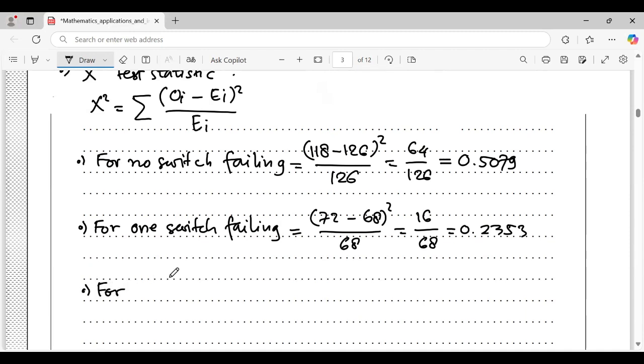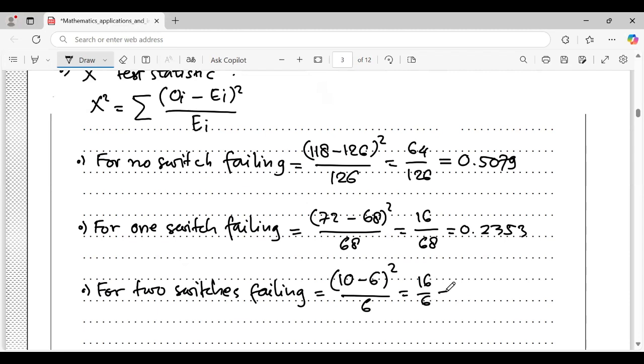Next, for two switches failing, it is 10 minus 6 squared over 6, 16 over 6, and it is 2.6667.